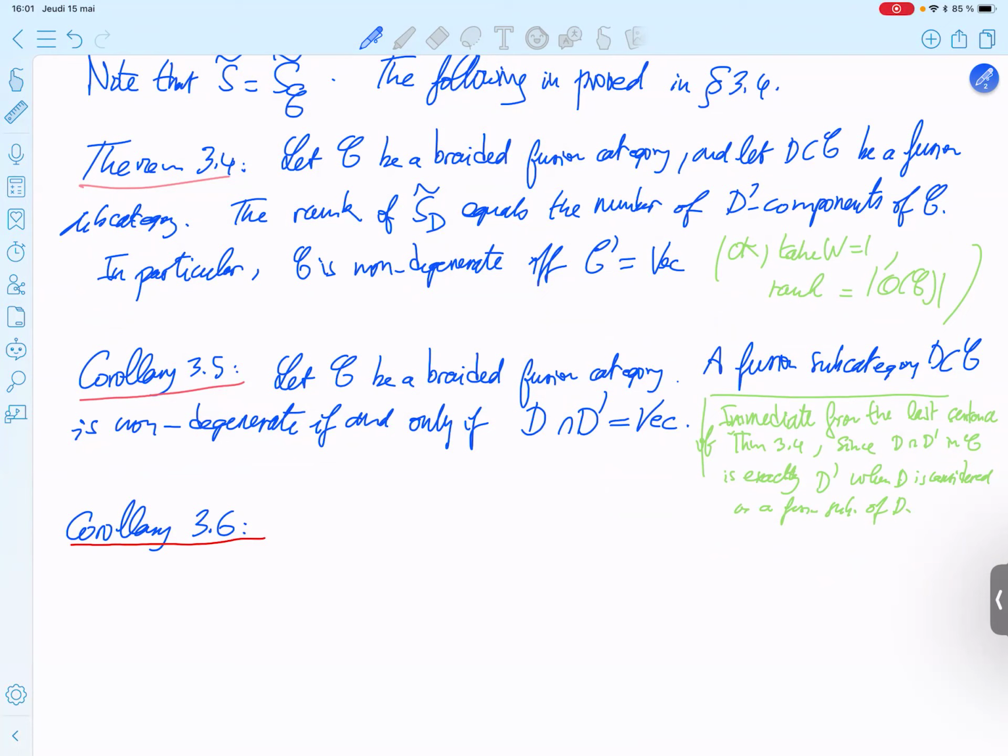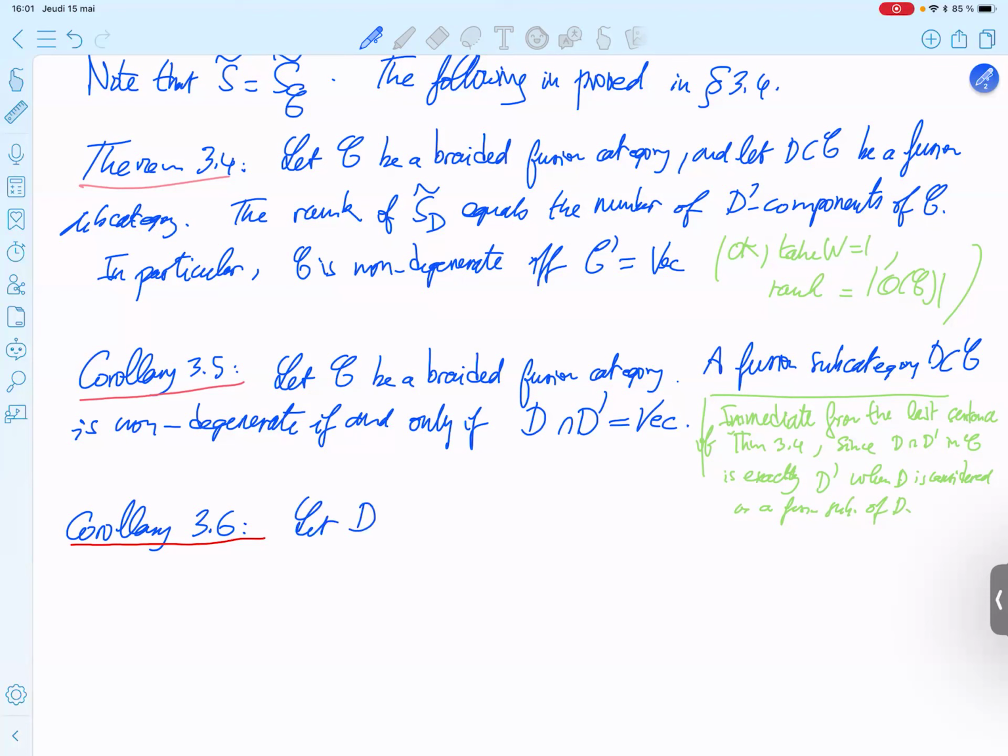Here we assume C to be non-degenerate. Then the number of D prime components of C is exactly the rank of D. By rank of a fusion category, I mean the number of simple objects up to isomorphism.